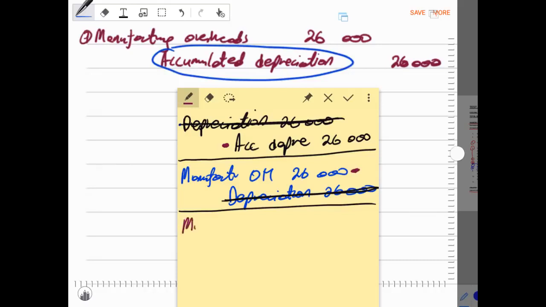The entries that are left are the manufacturing overheads of 26,000 rands on the debit side, and the accumulated depreciation of 26,000 rands on the credit side. So that is why, when we record the general entry for the depreciation, we record it as this entry.